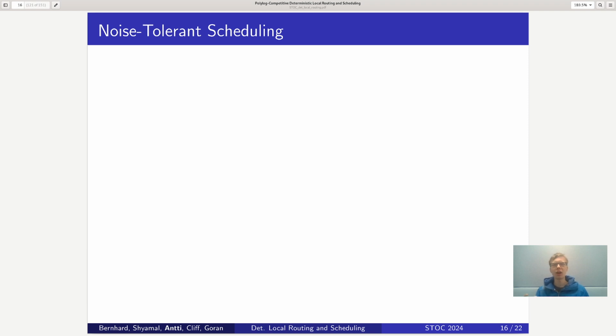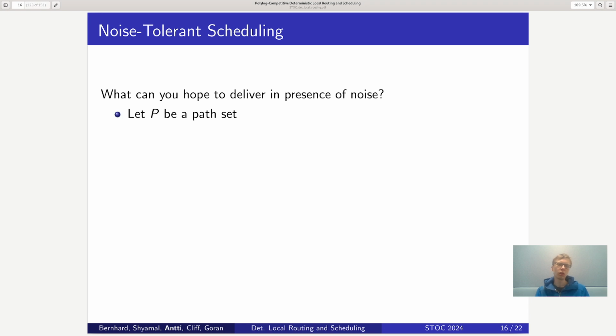So consider now that you have a scheduling instance. You have a bunch of packets. Some of the packets you actually care about, and the other packets are noise, but you cannot tell which packets are noise and which packets are the packets you care about. What can we hope for in this case? Well, let P be the path set of the packets, and let S be some subset of the paths.